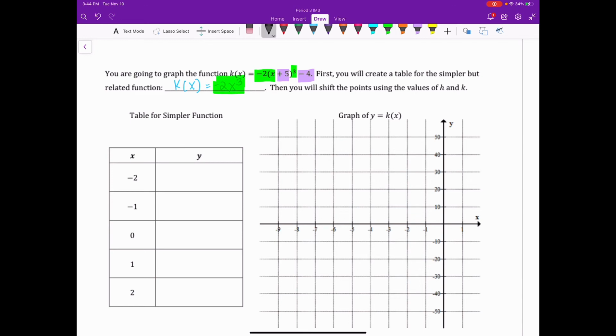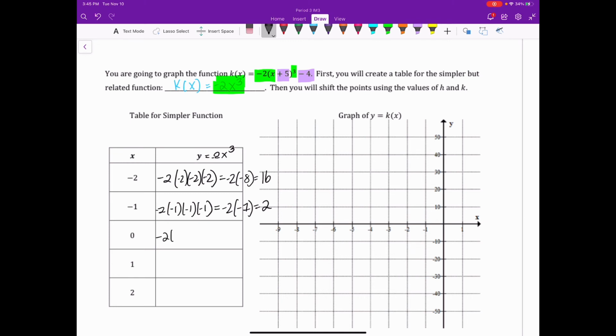All right, so y is going to equal negative 2x to the third power. So if x is negative 2, then I'm going to have negative 2 and then negative 2 3 times. So that's going to be negative 2 times negative 8, which is positive 16. And then I do negative 2, negative 1 3 times. So that's going to be negative 2 times negative 1, which equals positive 2.